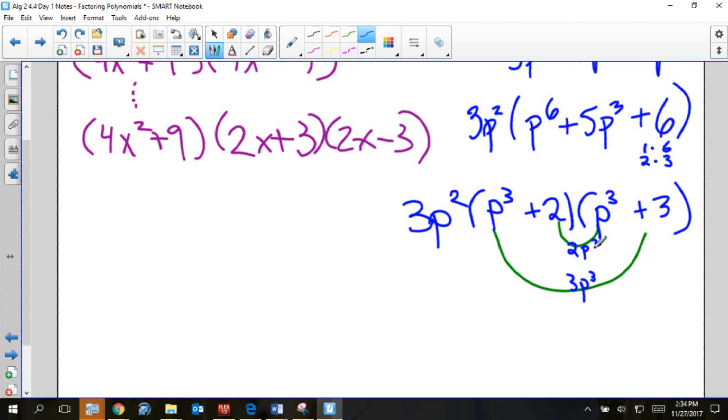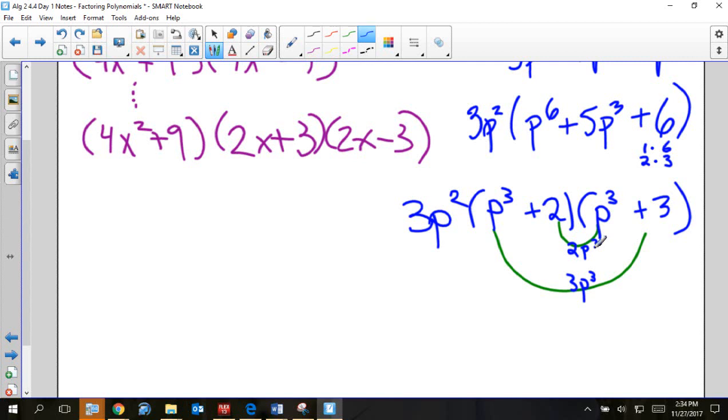And you've got to check to see if these go further. So p to the 3rd plus 2. It's addition with a binomial, so it's got to be the sum of cubes. Is it a sum of cubes? What times what makes 2? Okay, then it's not a sum of cubes.